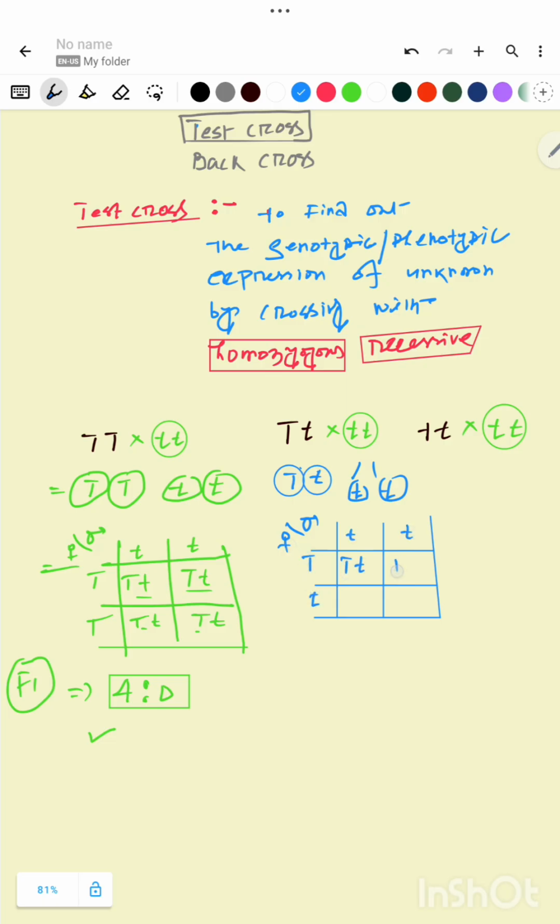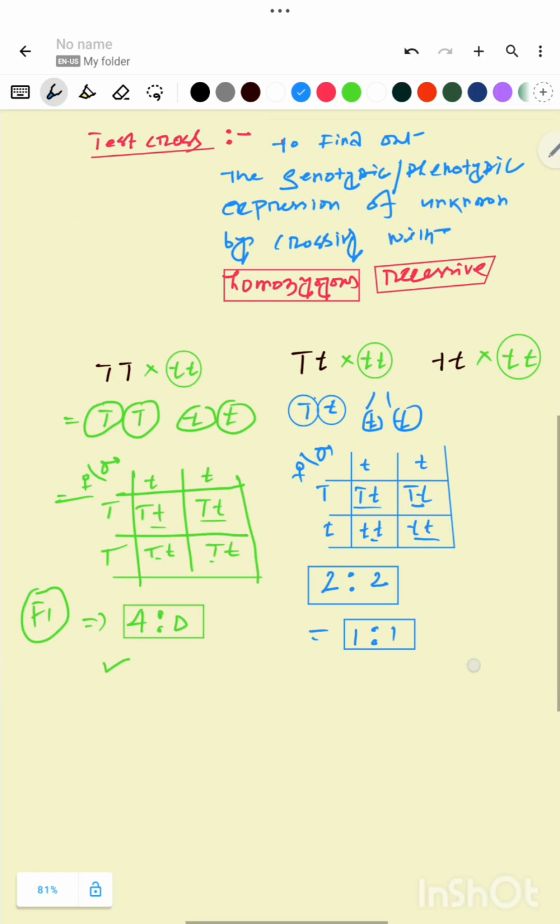That is a 2:2 ratio, and if you simplify it, a 1:1 ratio. You have noticed the ratio has changed. So here 4:0 and 1:1.